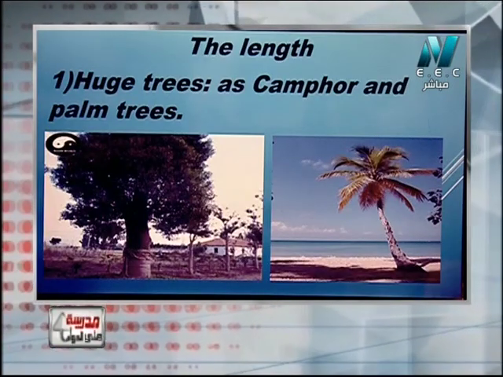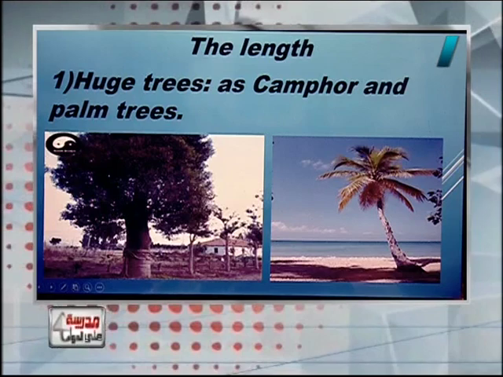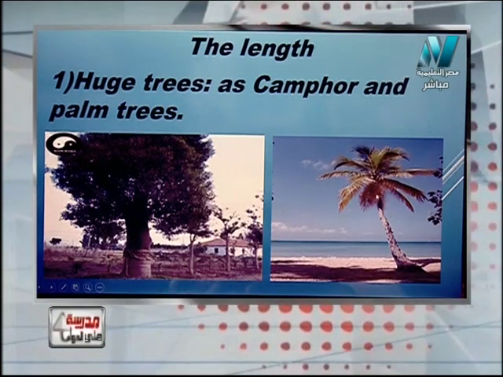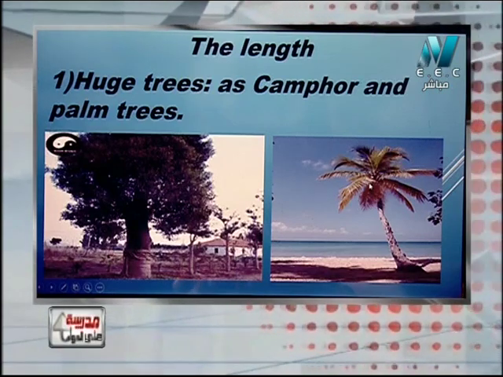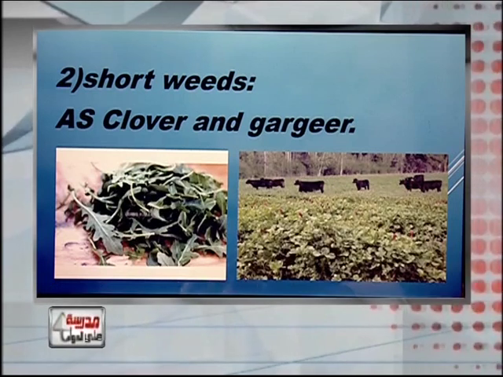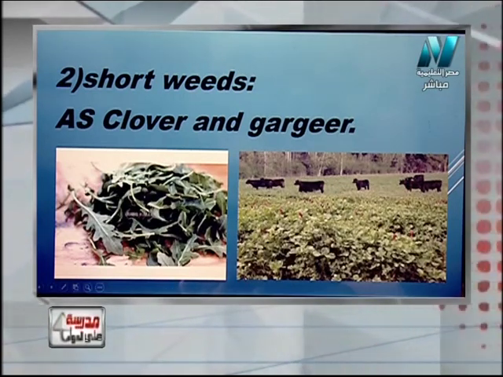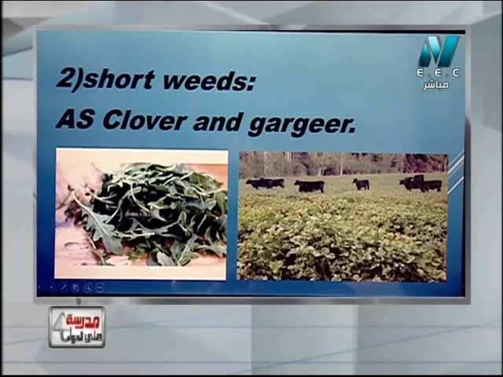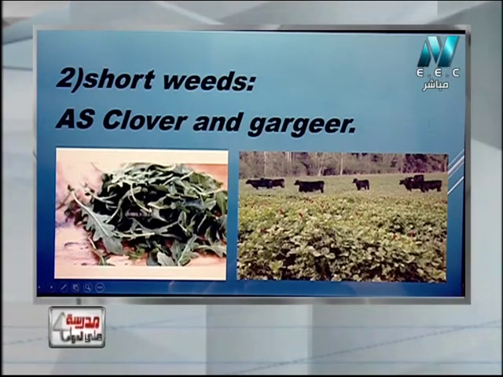The length: huge trees, as you see on the monitor, such as camphor, a very huge tree, and the palm tree is very long. And number 2, short weeds, very small, very short, such as clover and garugir. All of us know what is meant by garugir.